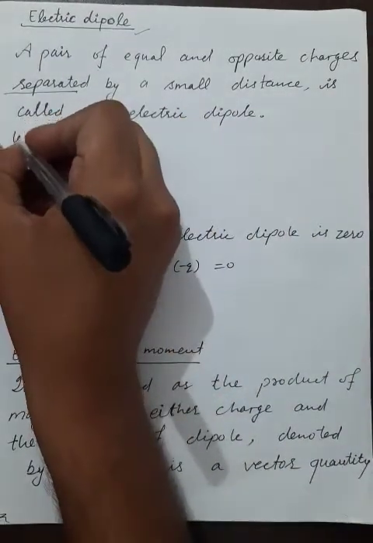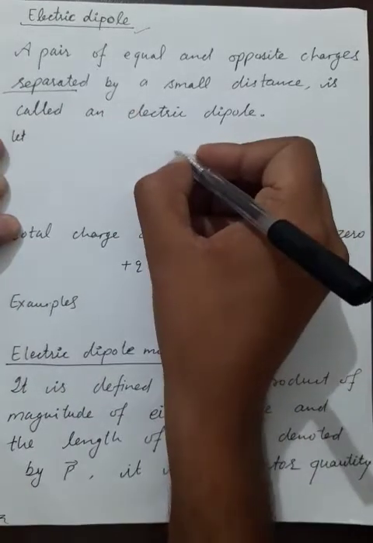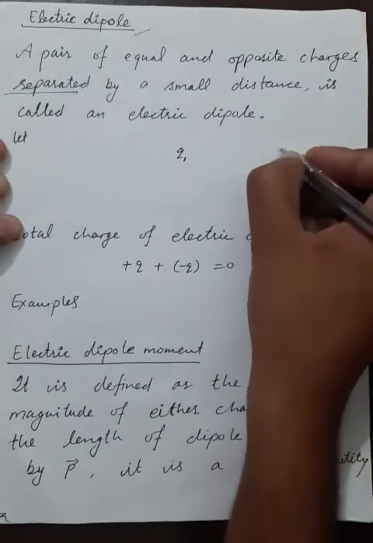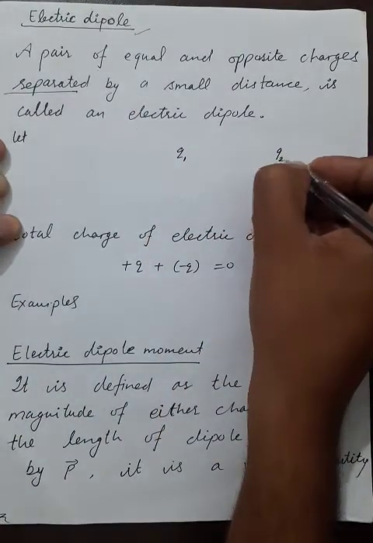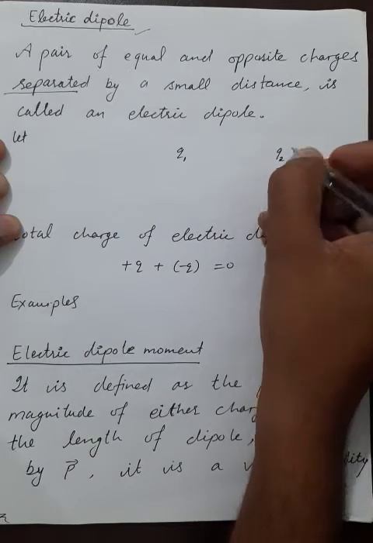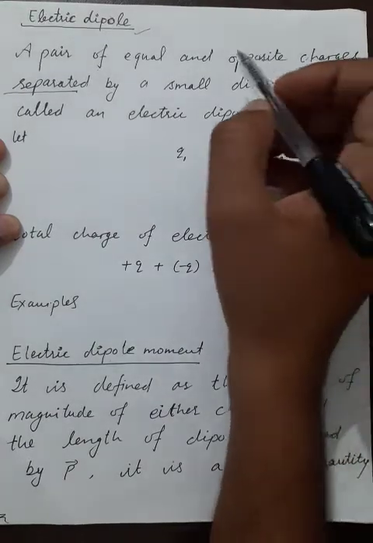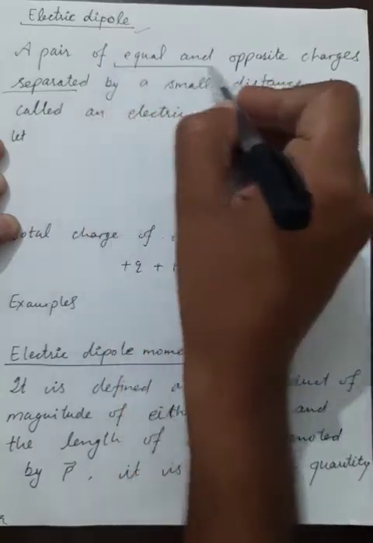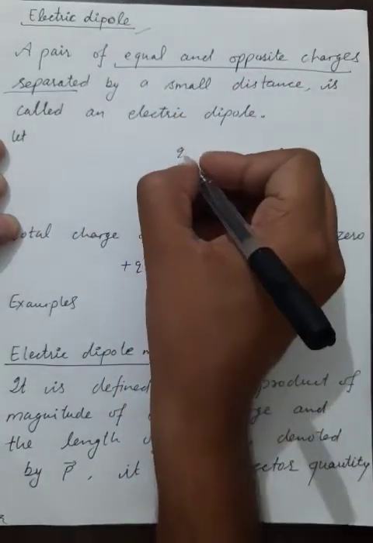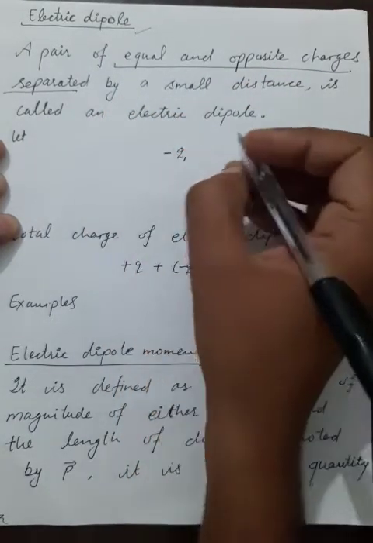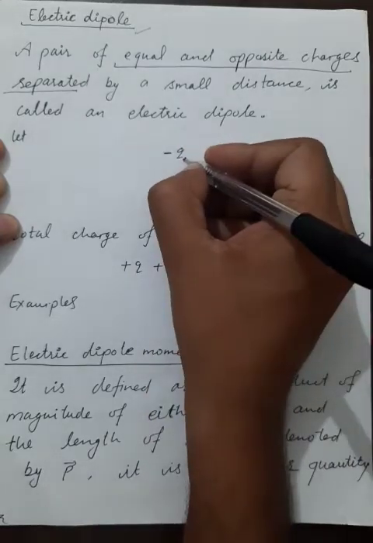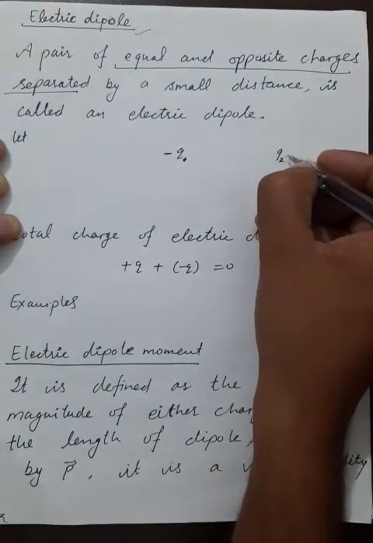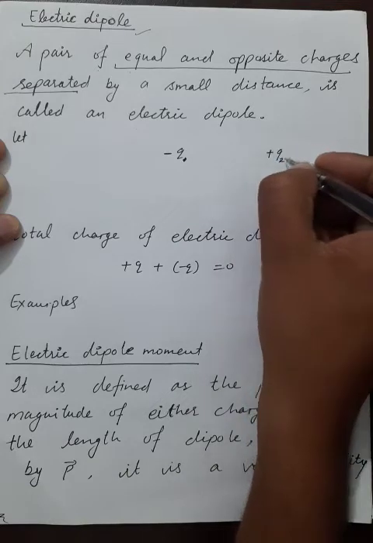Let two charges be Q1 and Q2. Since, as we define here, they are equal and opposite charges, this one is a negative charge and this one is a positive charge.